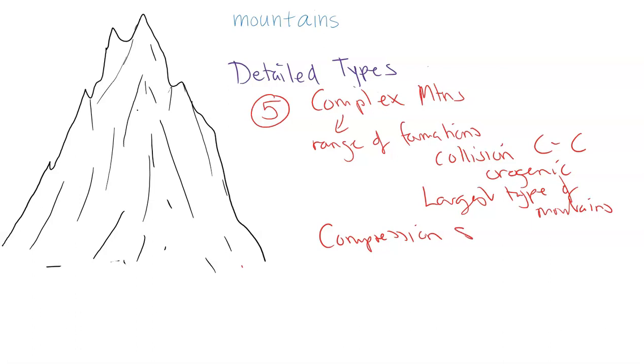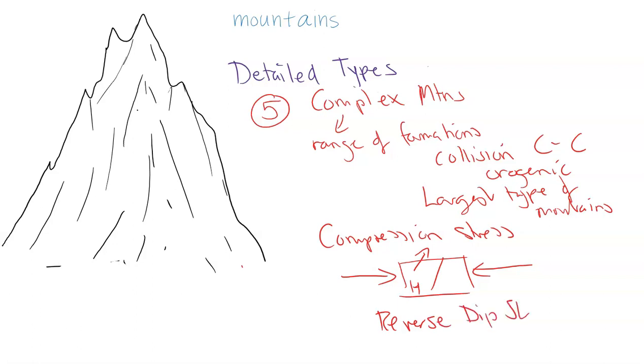So compressional stress is where the rock is squeezed and you have your fault line, diagonal, your dip slip, and you have the hanging wall actually moving up, which is called a reverse dip slip fault.